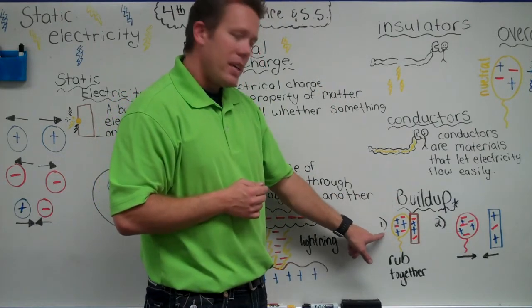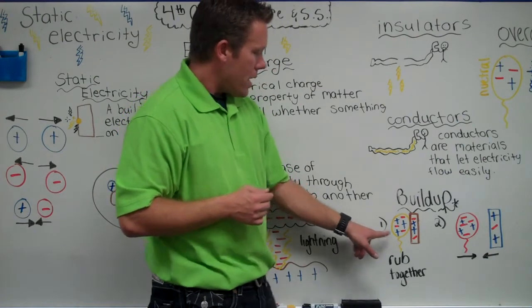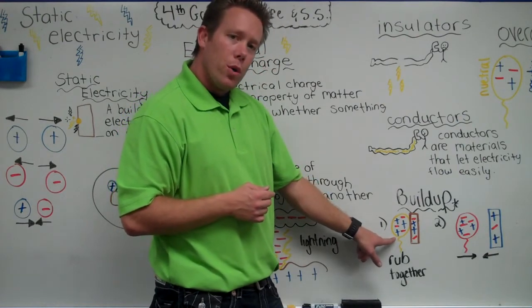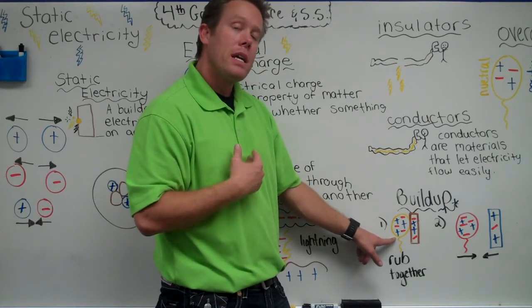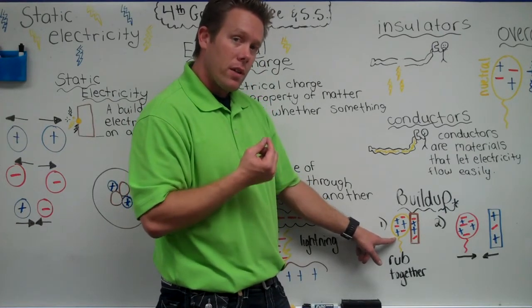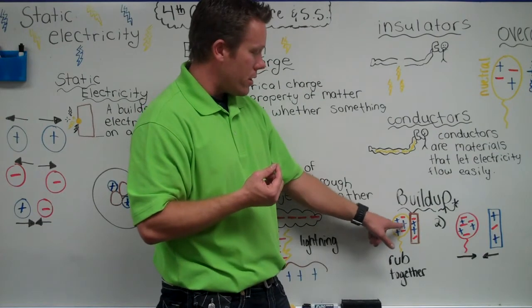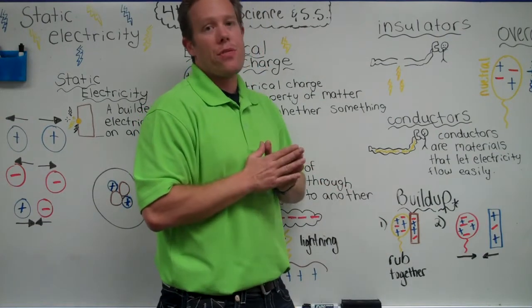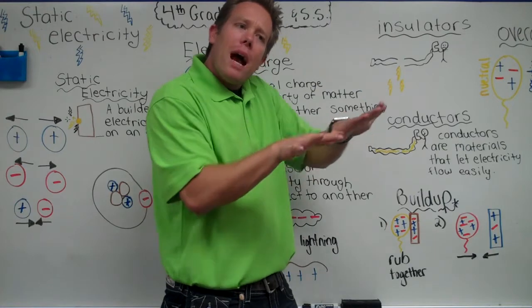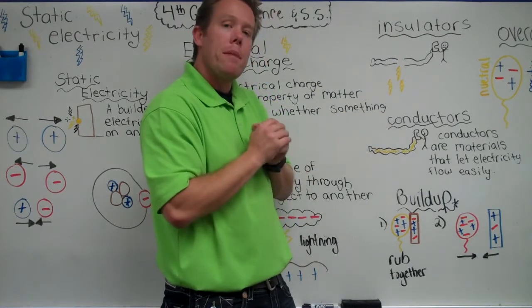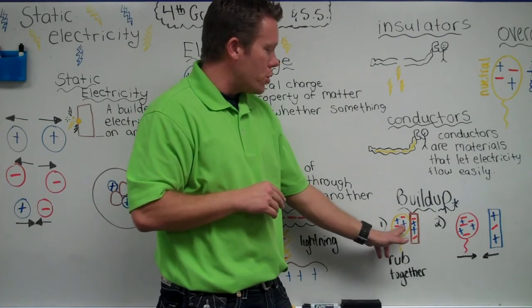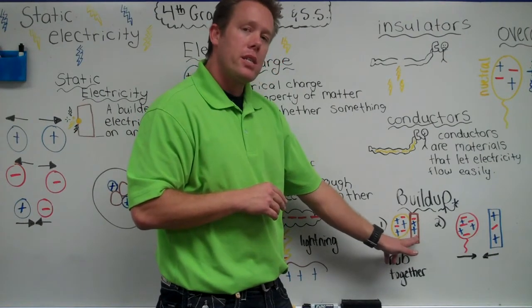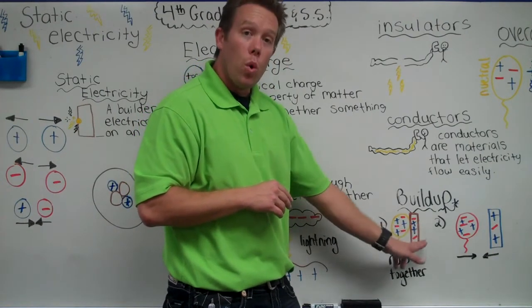Now you can see here in picture number 1, this is a neutral balloon, which is like most things in nature. It has the same amount of positive and negative particles inside of it. You can see there's 3 positives and 3 negatives. It's balanced.